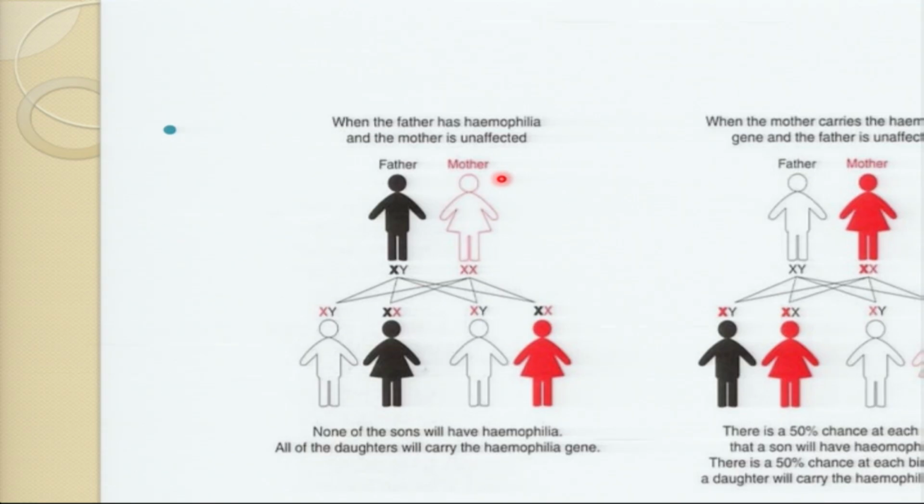All right? What happens? These are what you call sex chromosomes that determine the sex. This is X, X and Y. We are going to have XY, XX, XY, XX.